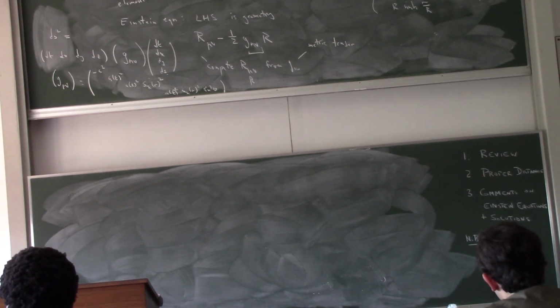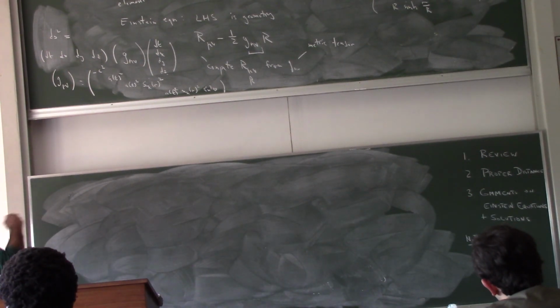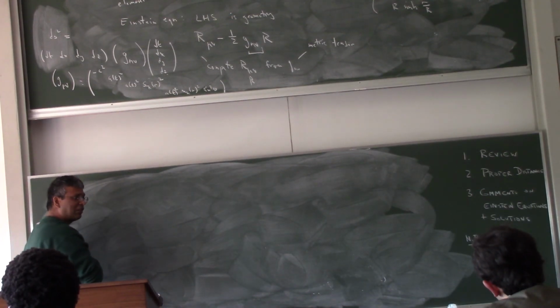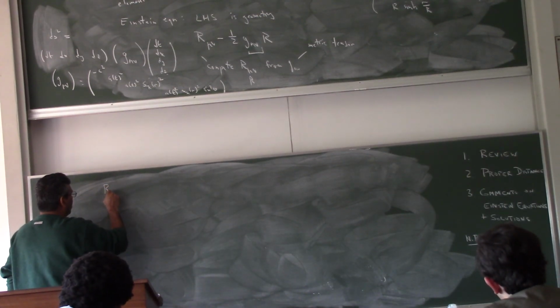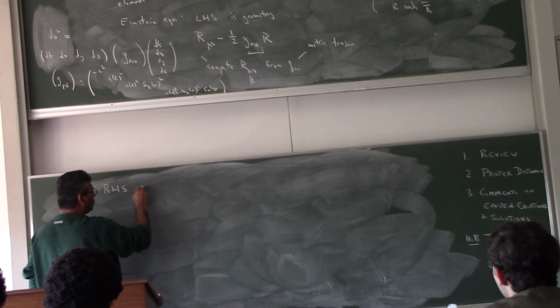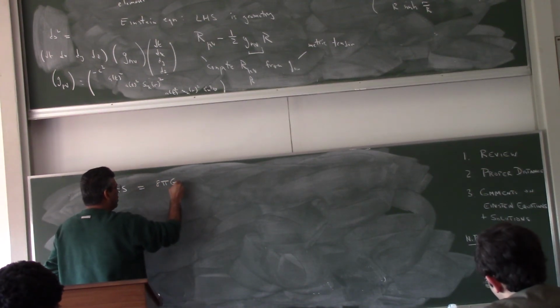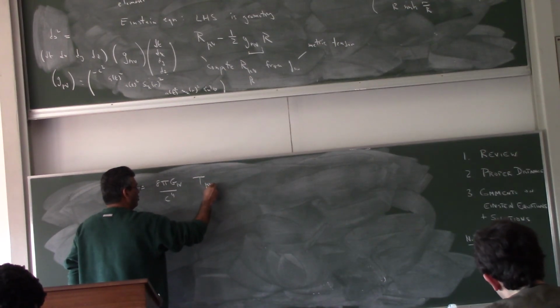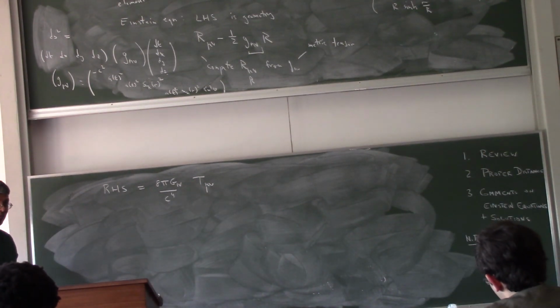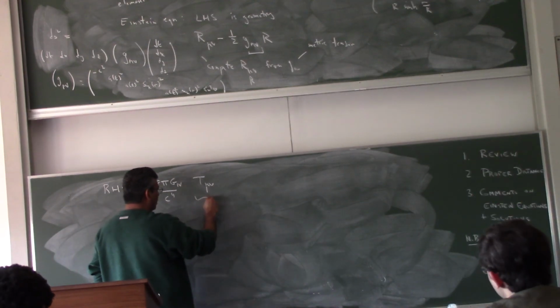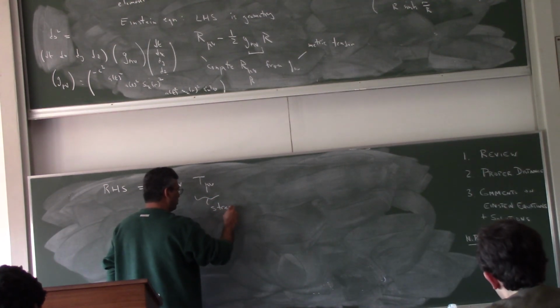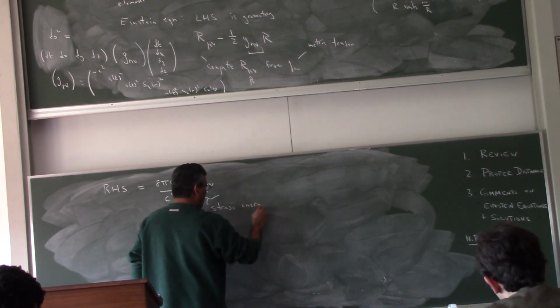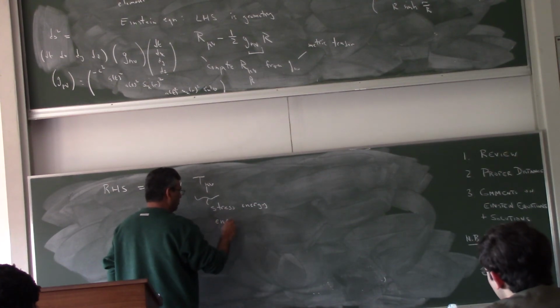So given G mu nu, you can grind through a machine to figure out the left-hand side of the Einstein equations. The right-hand side of the Einstein equations was 8 pi G Newton over c to the fourth times some tensor called T mu nu. This T mu nu is called the stress energy tensor, or the energy momentum tensor.